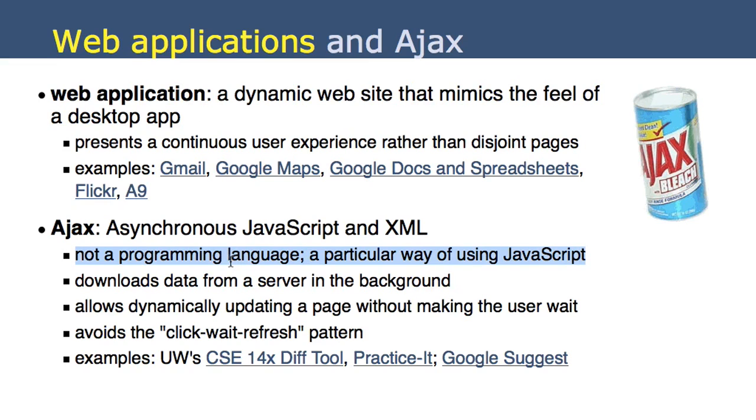AJAX is a technique, a procedure. So it's not like a thing, it's not an object. It downloads data or submits data to the server in the background. Basically it allows you to update the page or perform some kind of communication without making the user wait.